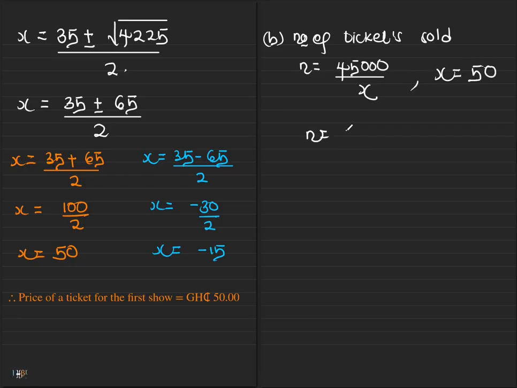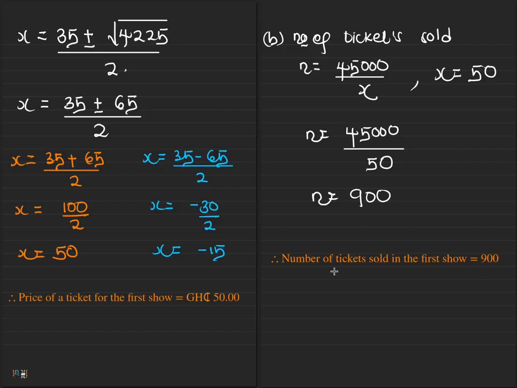Hence our n is what? The 45,000 all over the 50. And simplifying this gives us a 900. So we can conclude by saying, therefore, the number of tickets sold in the first show was what? 900. Or simply put, therefore 900 tickets were sold. So that ends this question.